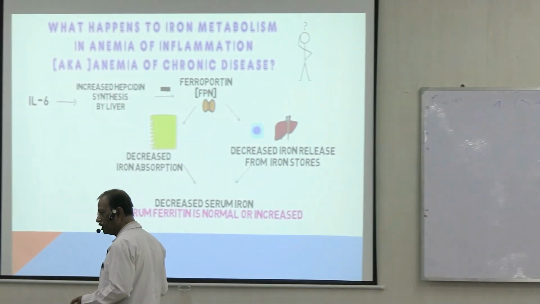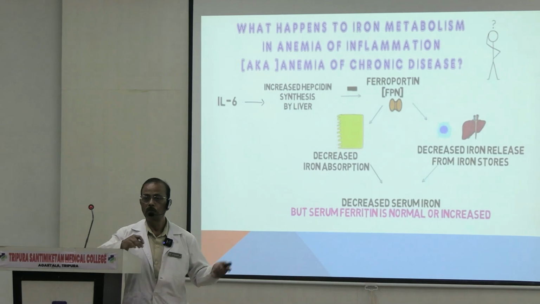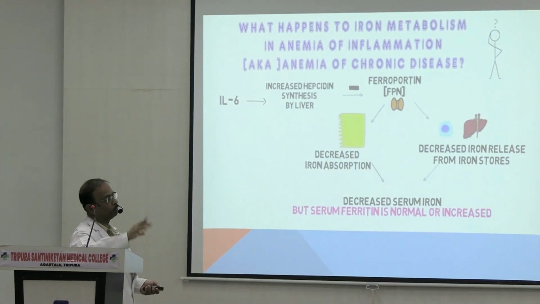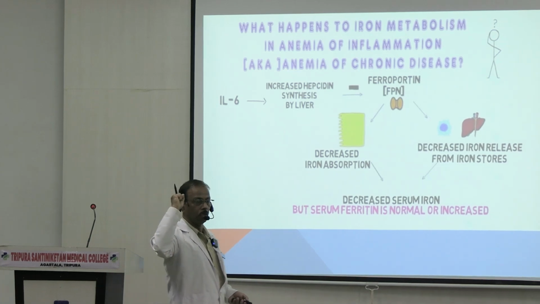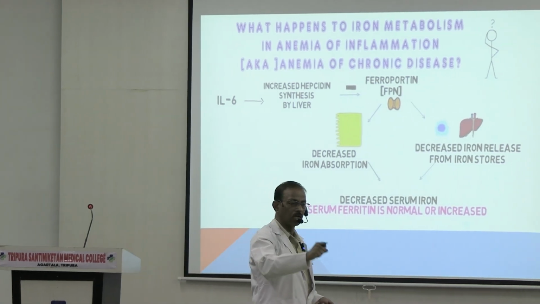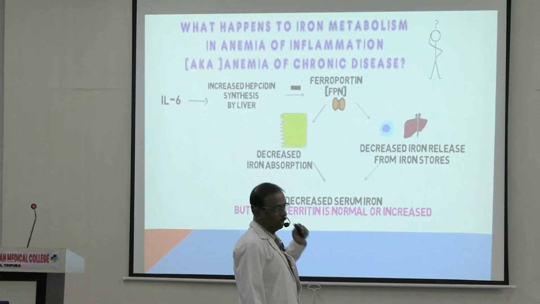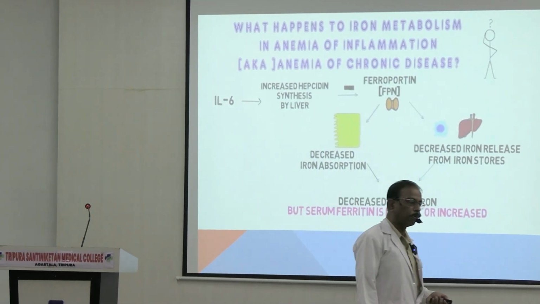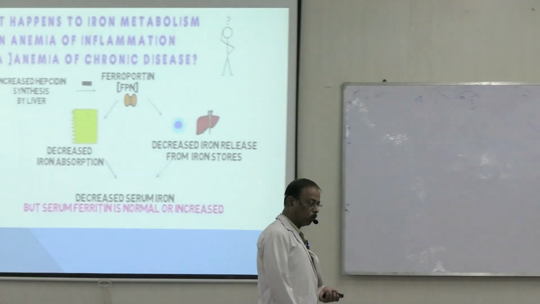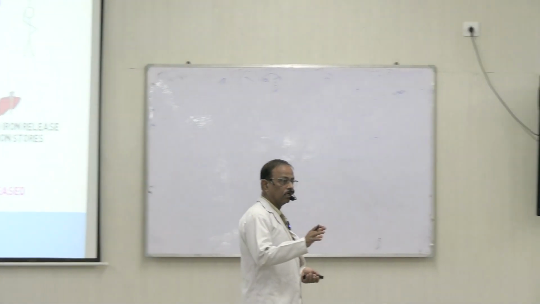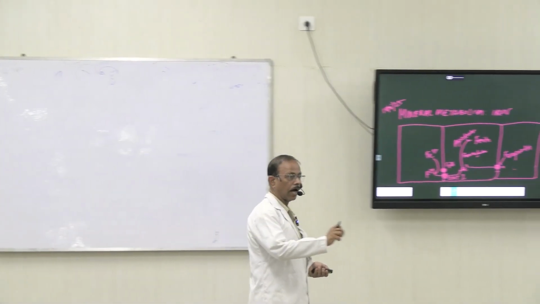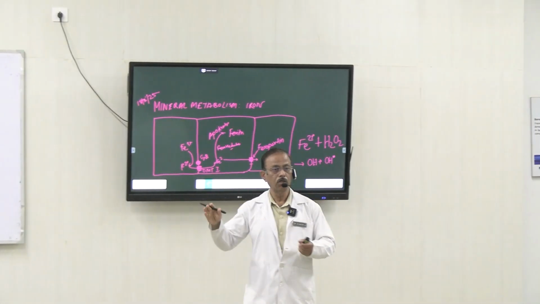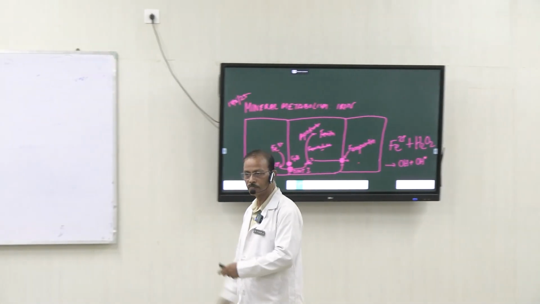So, what happens here? We have normal ferritin because enterocytes are absorbing the iron, but they are not releasing the iron to the plasma. Moreover, the hepatocytes, spleen and bone marrow have a tendency to store the iron, to conserve the iron content of the body. So, they are also storing it as ferritin.